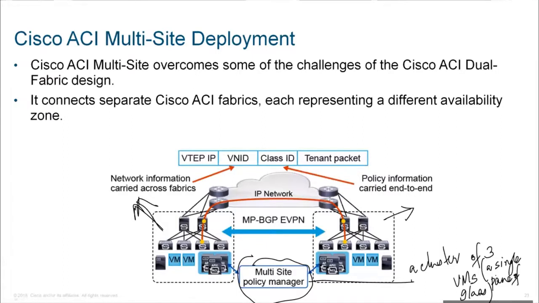Now, there are some hardware requirements for multi-site. Your leaf switches can be any, I don't care. But spine switches have specific hardware requirements. If they're 9300s, at least a minimum of 9364C. Or if they're 9500s, you need line cards which have EX or FX in their part number.